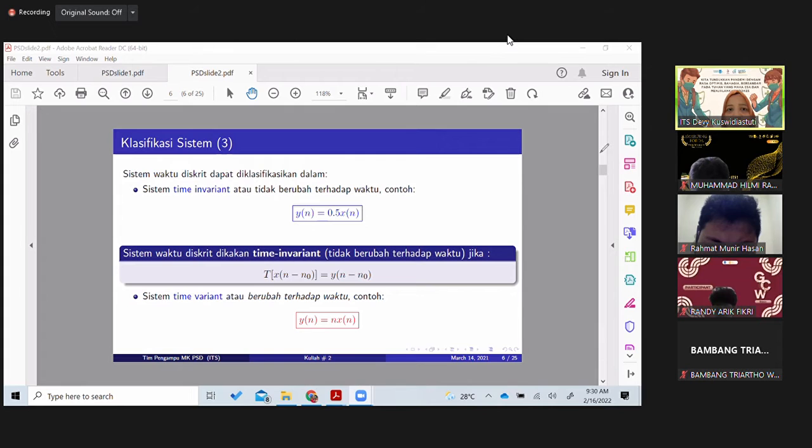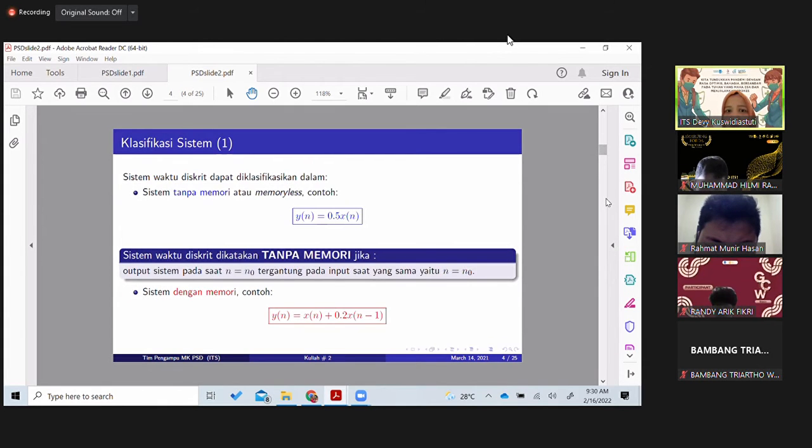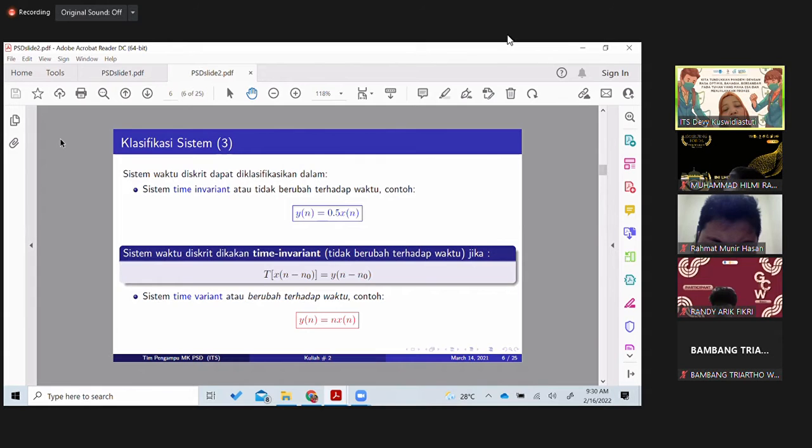Then another property of the system here is whether it is time invariant or a time variant system.